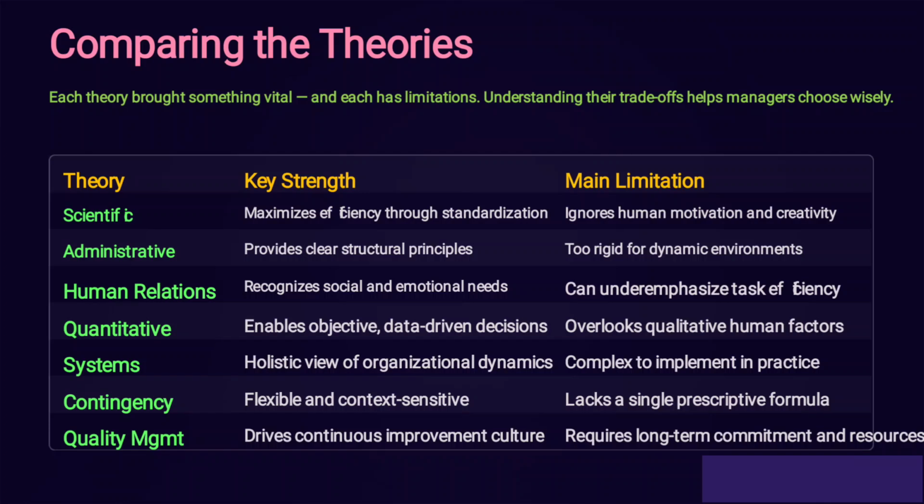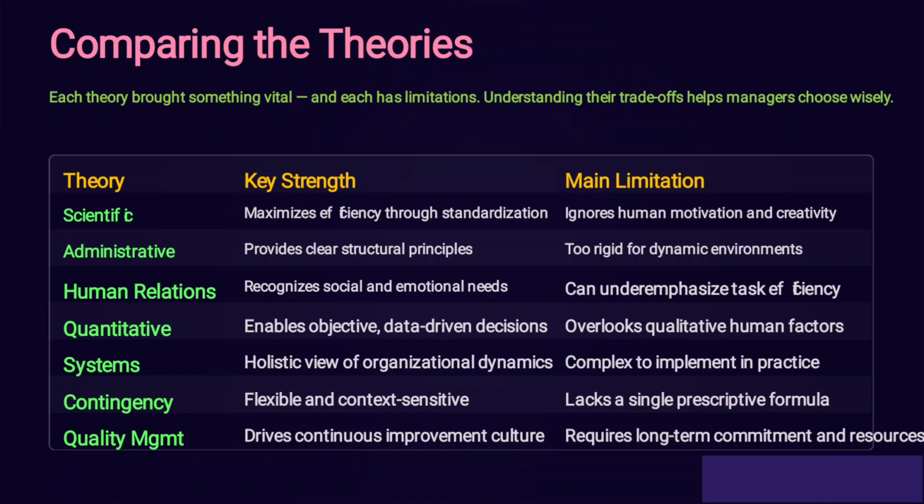On the basis of these concepts, we will try to understand and compare all these 7 management theories. According to scientific management theory, the strength is maximization of efficiency through standardization, and the limitation is that it ignores human motivation and creativity. And according to administrative management theory, the strength is clear structural principles, and the main limitation is that it is too rigid for dynamic environments.